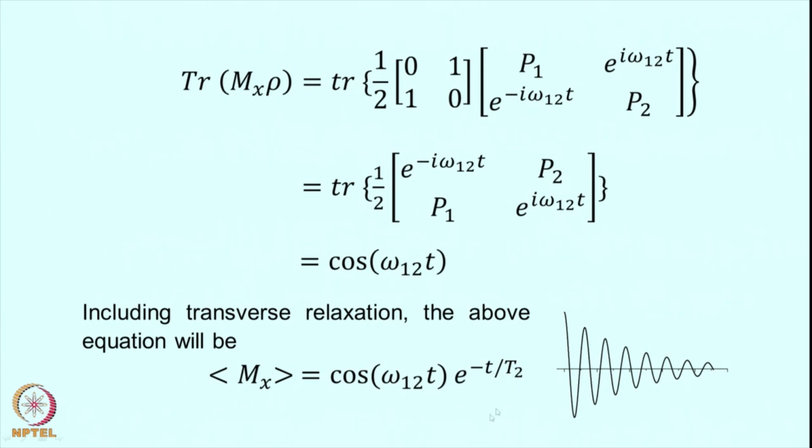So if I plot it, what do I get? I get this function which is basically my FID, right. So if I create the density operator which has an off-diagonal element which is non-zero, that reflects itself in the measurement of the magnetization, and what we measure is the FID. As a function of time what we are measuring is the free induction decay, this is the FID.